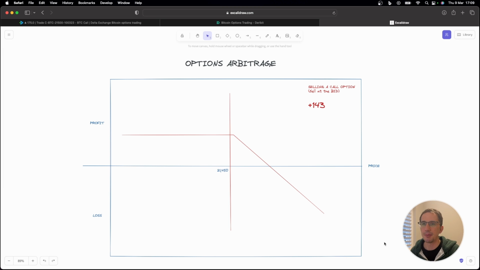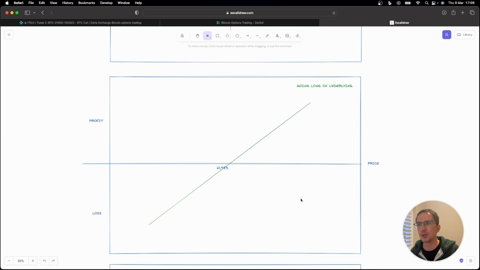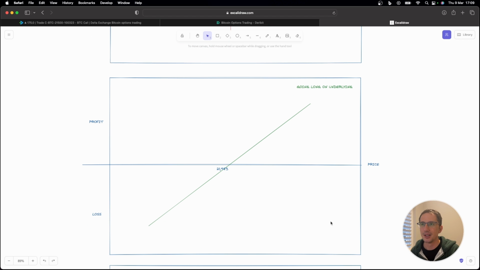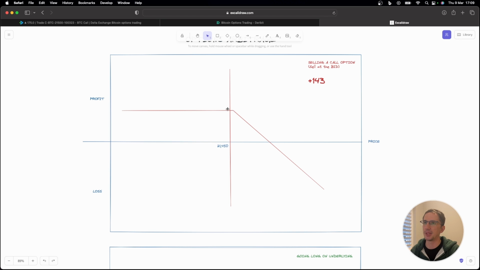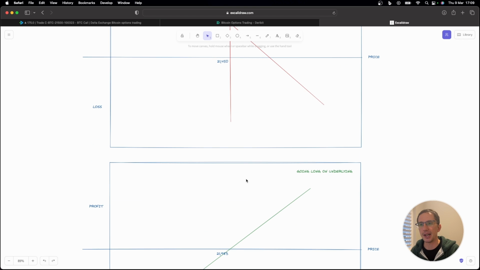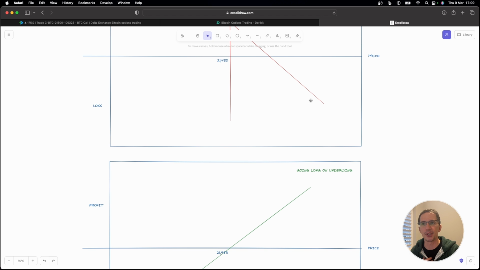However, something else we can do is sell that and at the same time go long on Bitcoin. So this is very interesting because I'm getting this premium in here. So I sell the call option. But if the price of Bitcoin goes up, I might be losing on the call option, but I'm now making money on purchasing the actual underlying, which in this case is Bitcoin.